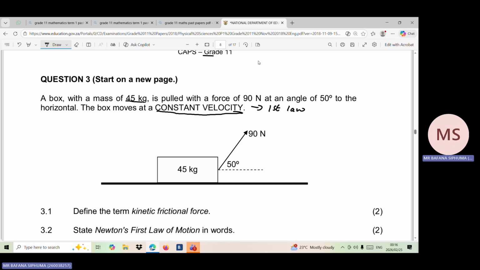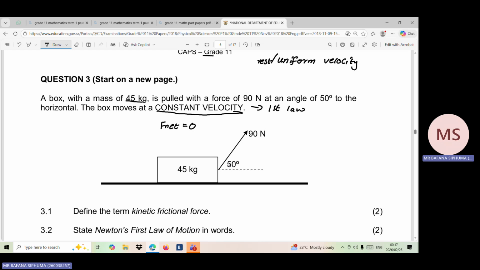Because on Newton's first law, a body will remain in a state of rest or moving at a uniform velocity unless acted on by an unbalanced force. So the word uniform velocity refers to constant velocity, an unchanging velocity. So the conclusion that you have to draw over this box is that F net equals 0.